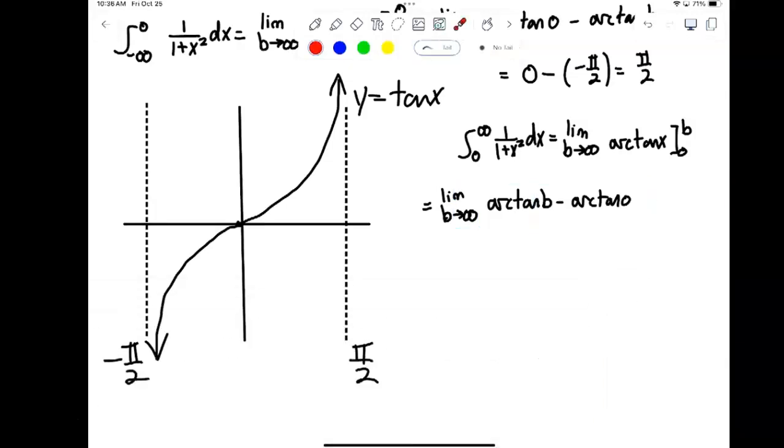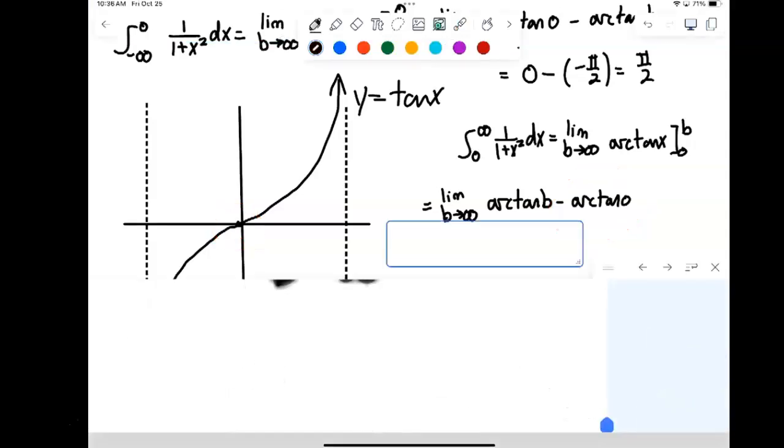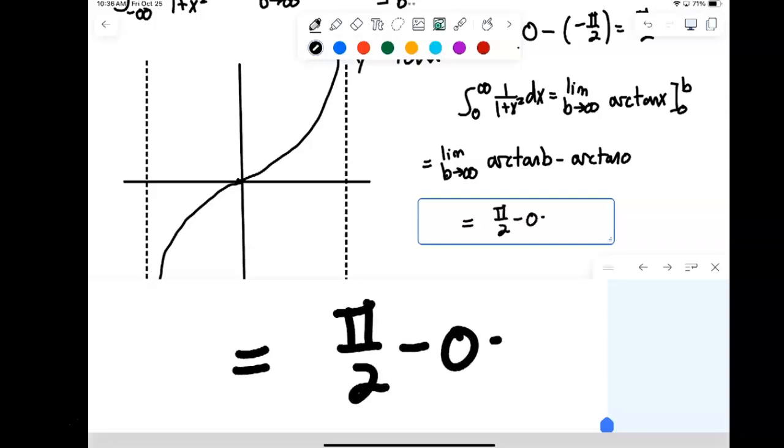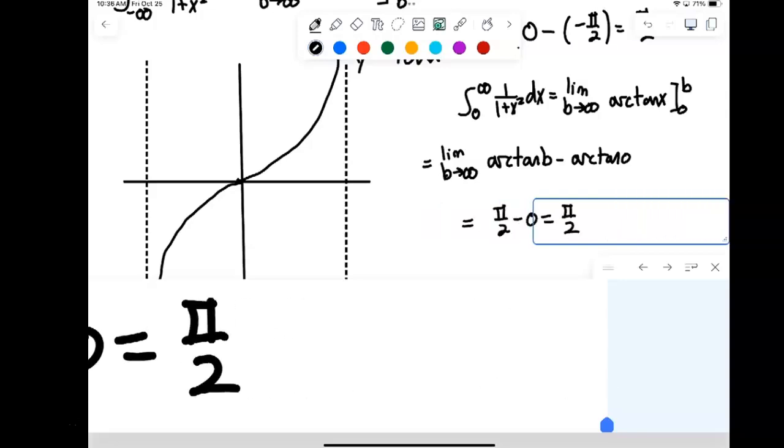As b goes to infinity, when we go back to the tangent graph, instead of looking at x, we look at y. As y goes to infinity, notice that x is approaching pi over 2. So the limit of arctan of b is going to approach pi over 2. And again, arctan of 0 is still just 0. So this is going to be pi over 2 minus 0 equals pi over 2.